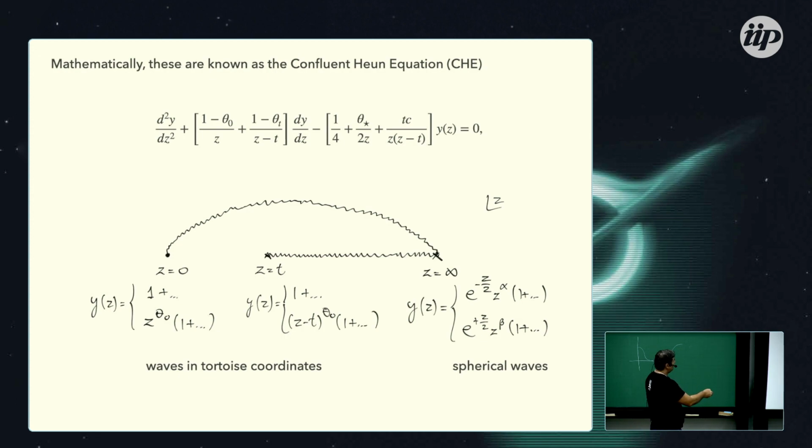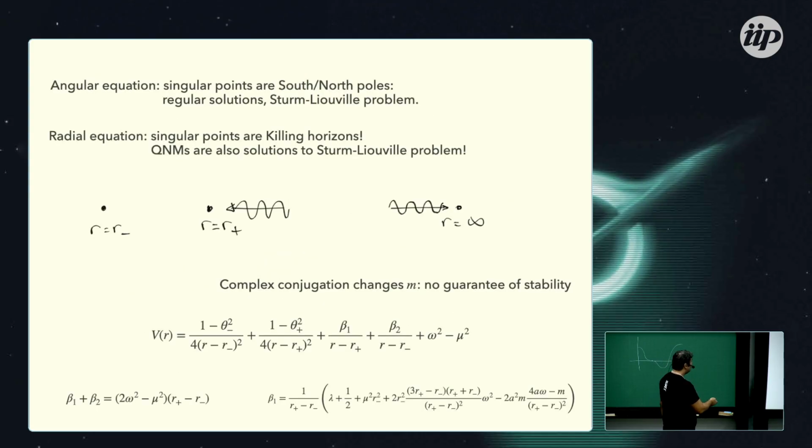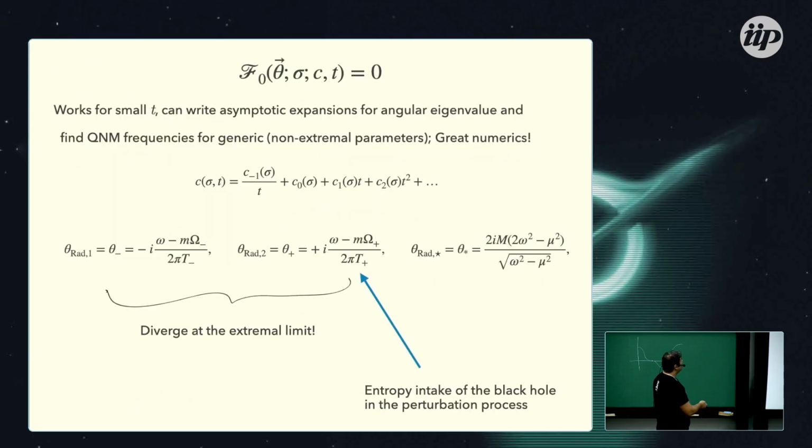So the thetas control how the solution behaves near the singularities here, and the thetas that you read off from the radial equation can be cast in this form, where omega here is the angular velocity of the horizon, and T is the temperature of the horizon. If you remember the first law of black hole thermodynamics, this is exactly the entropy change of the black hole as it absorbs a quantum of energy omega and angular momentum m.